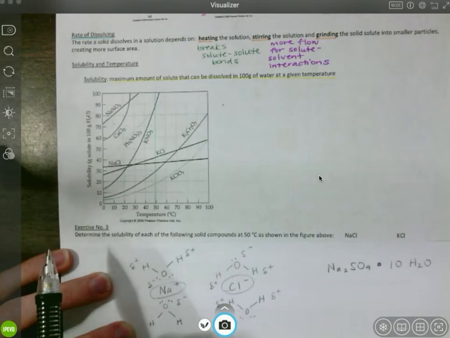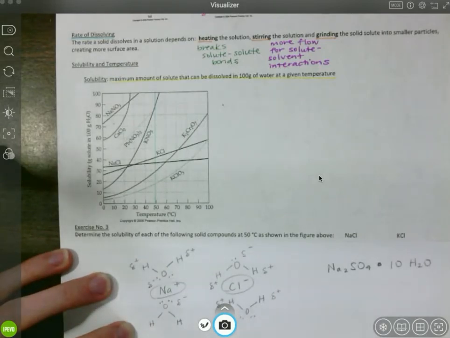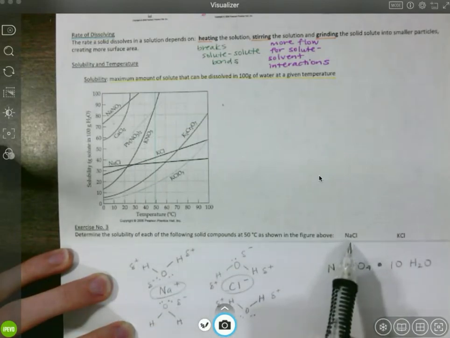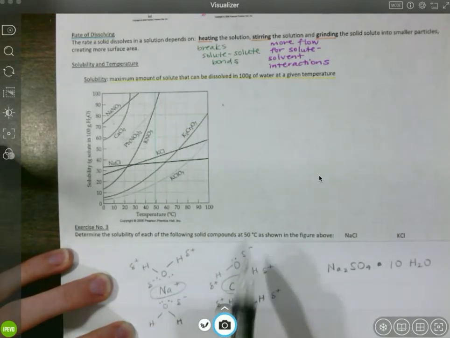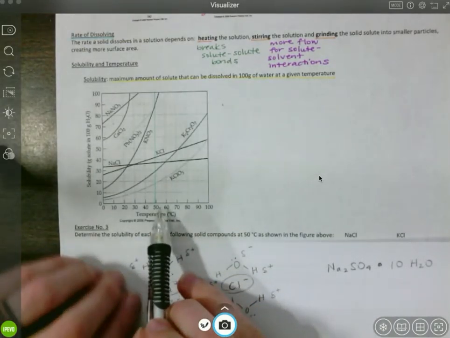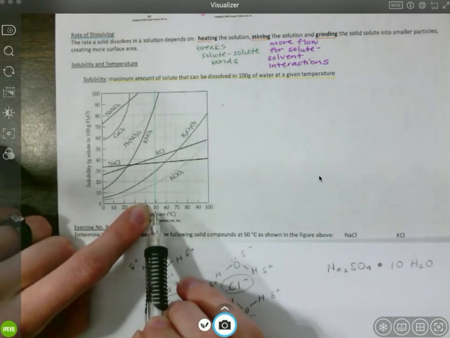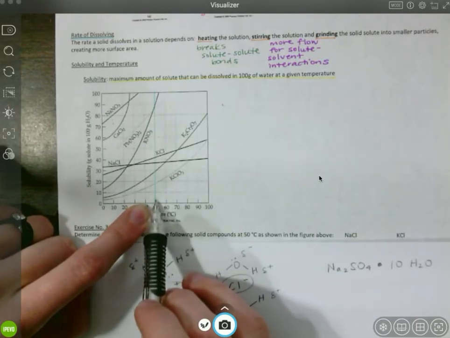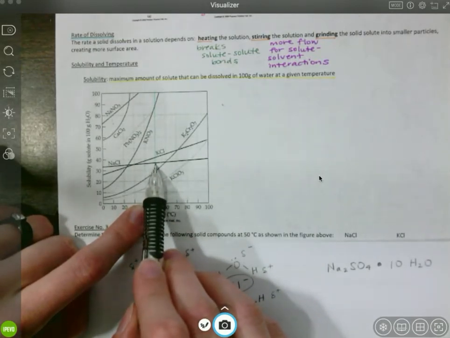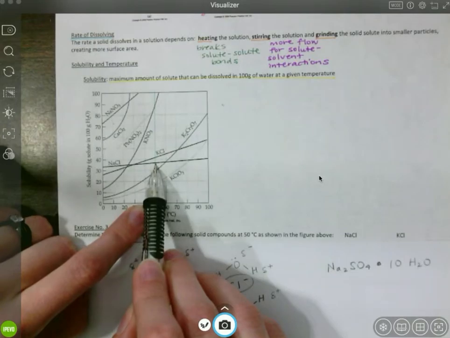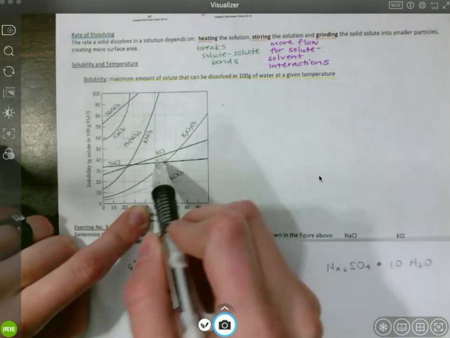And we want to see how much, the amount in grams, at 50 degrees Celsius. So how much in grams is going to dissolve at 50 degrees Celsius in 100 grams of water. Here's 50 degrees Celsius. I've highlighted it in this blue color. And I'm coming up to where the 50 degrees Celsius line crosses my sodium chloride line. And that is right here.